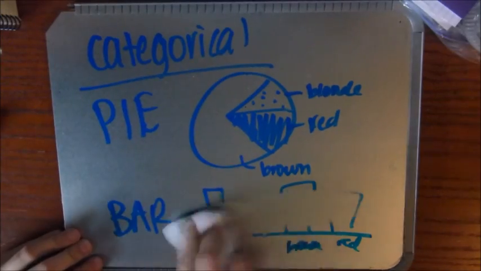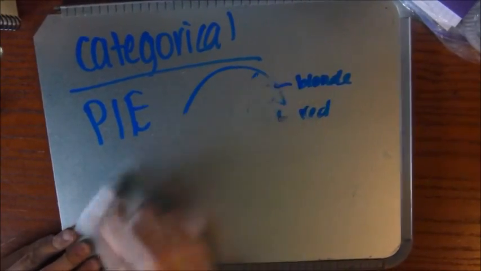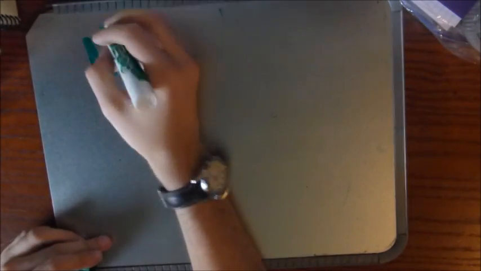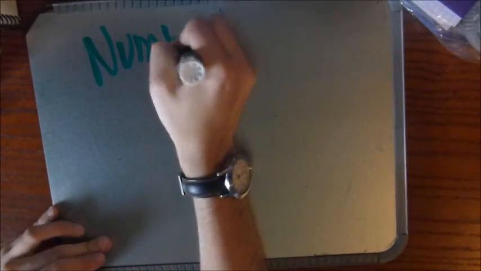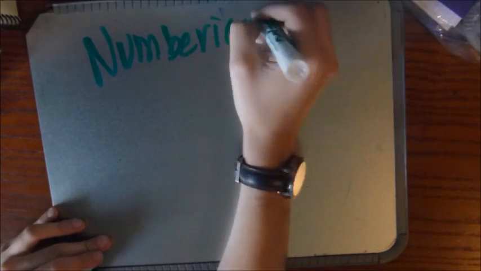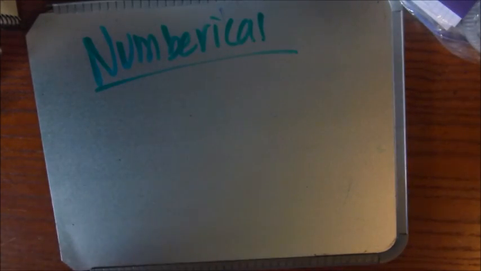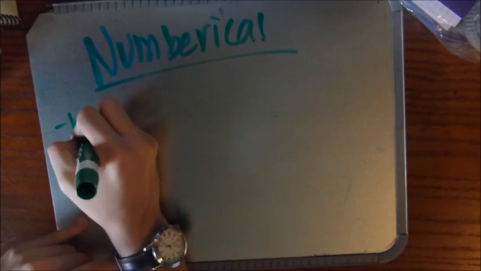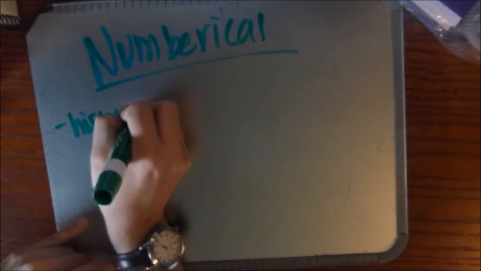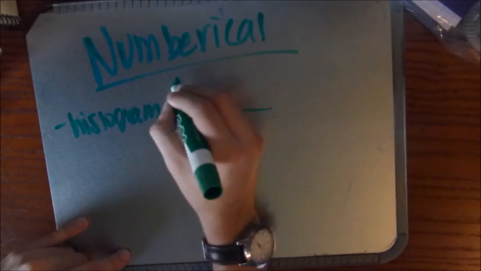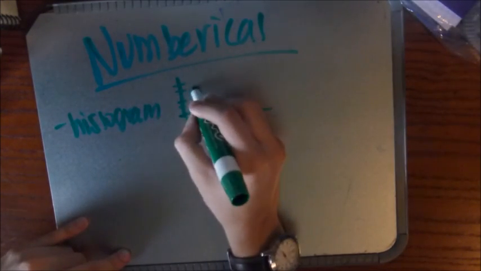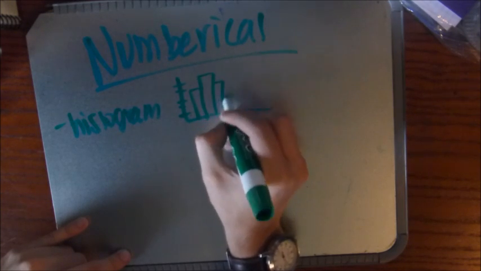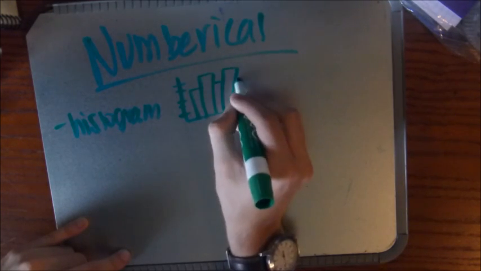Numerical data, on the other hand, has a little more than two ways to display it. For numerical data, we can use, let's say, a histogram, measuring frequencies of each data point.